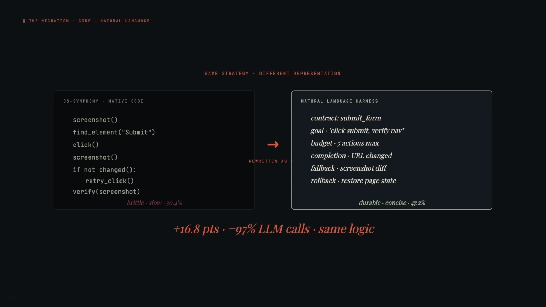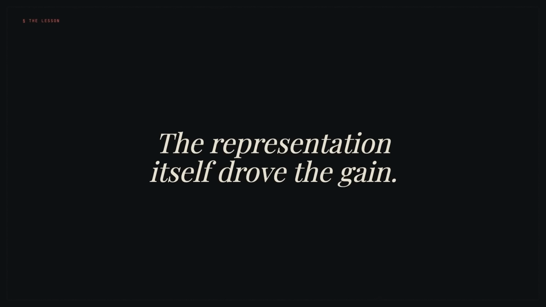And in this case, performance jumped from 30.4% to 47.2%. Runtime dropped from 361 minutes to 141 minutes. LLM calls collapsed from 1200 to 34. The representation itself drove the gain. That's a really significant finding.